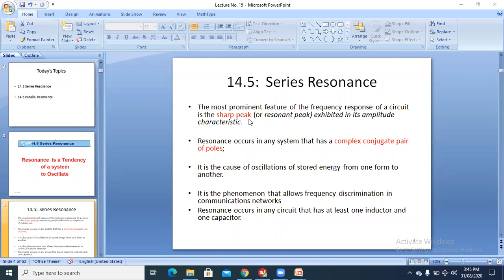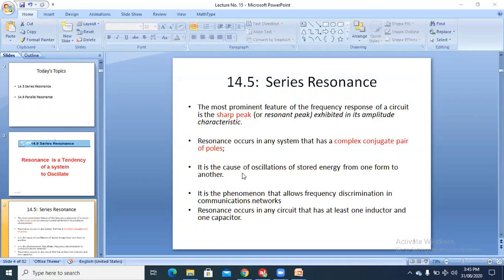So the value of frequency at which that peak occurs is called the resonance frequency. It means by changing the frequency, the amplitude varies and there will be a peak of this amplitude at the resonant frequency.